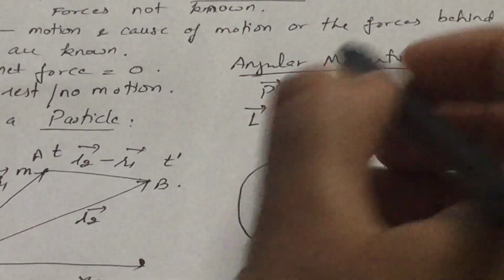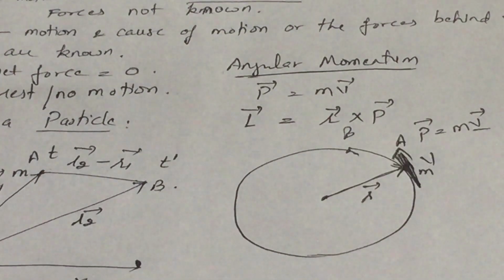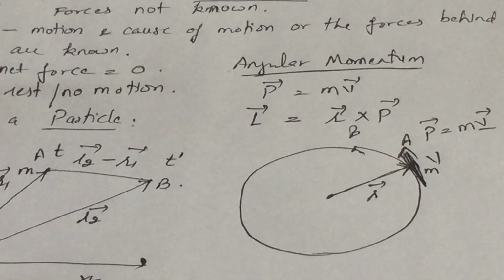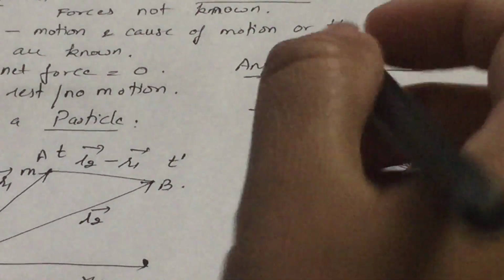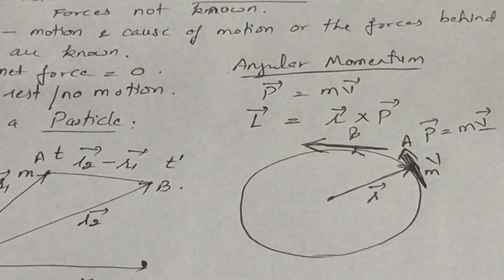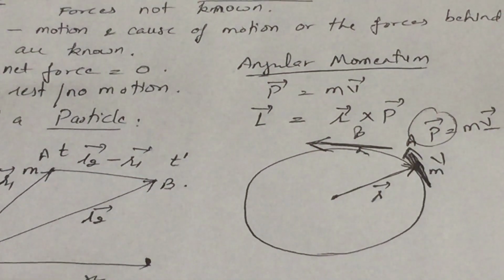At point B, let us consider the particle is moving with a constant angular velocity, then the magnitude of v is not changing, but the direction of v is changing. Now the direction of v is this. It means the momentum is also changing.